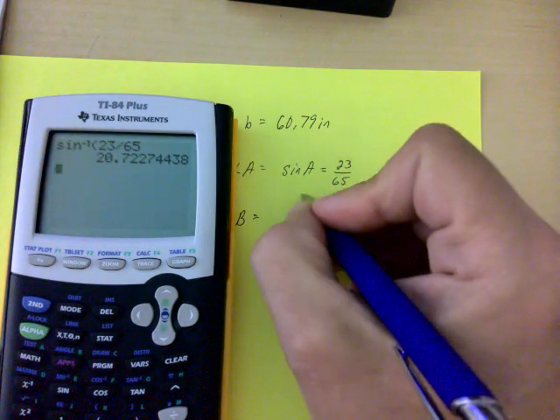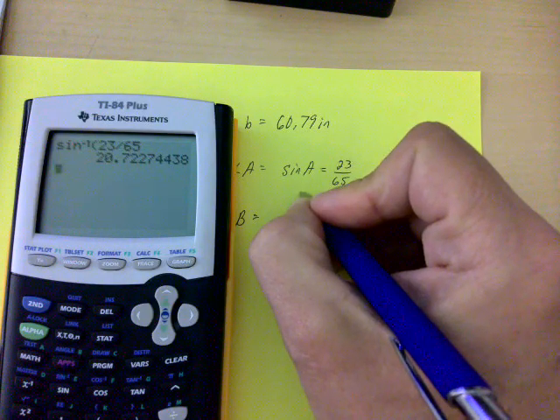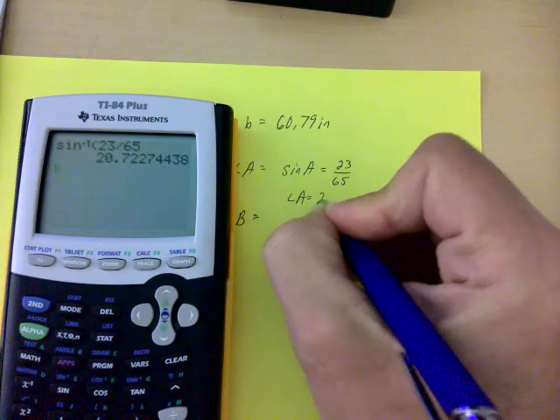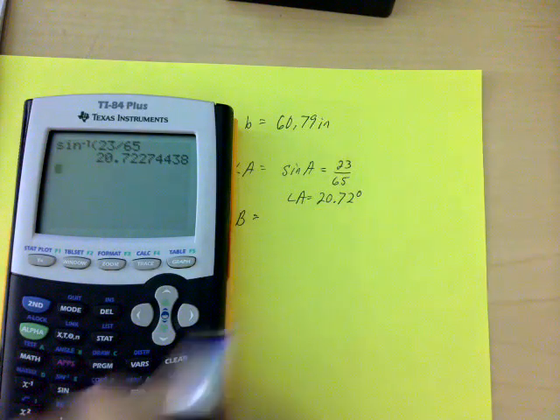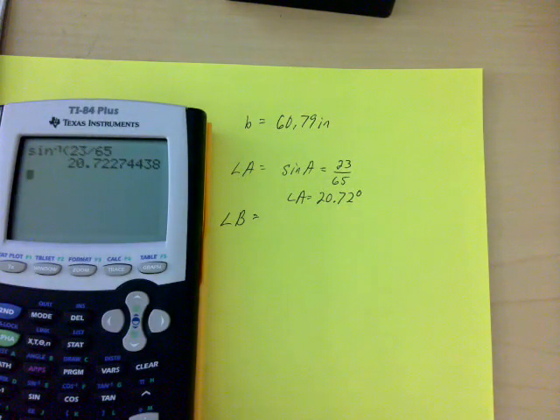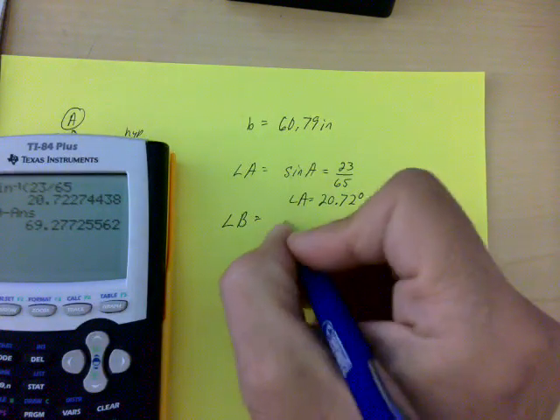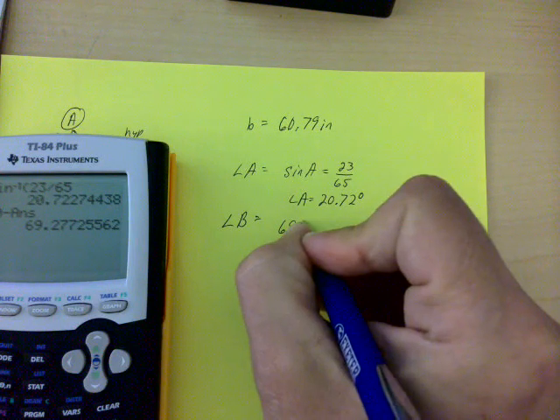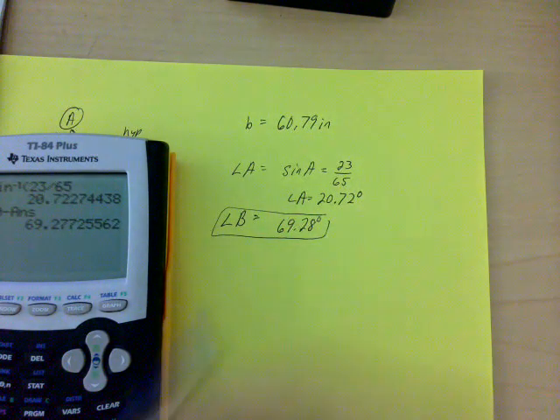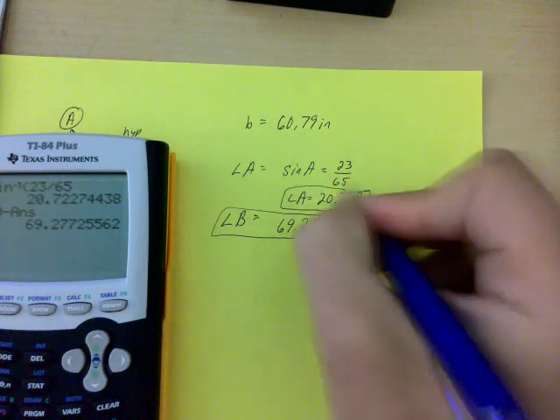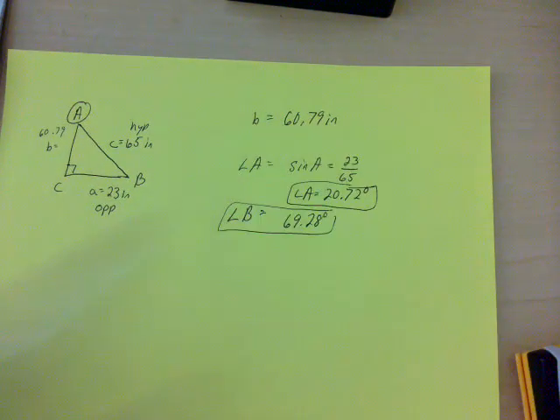It's going to know that angle A is about 20.72 degrees. And then I can just take 90 minus that answer, and just like that, I'm going to know that B is 69.28 degrees, okay? So only need trig one time.